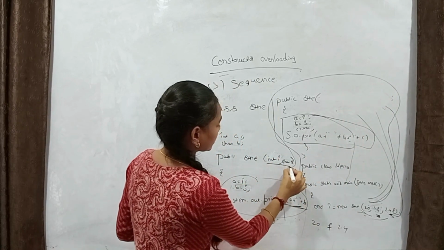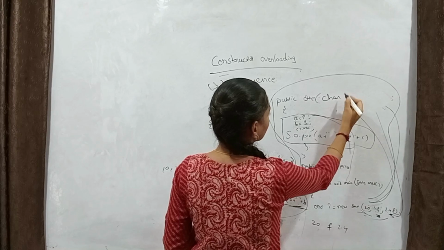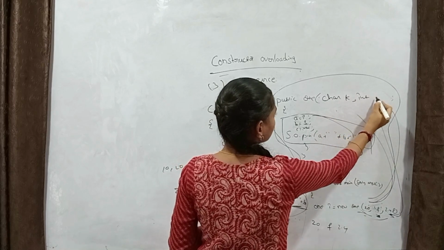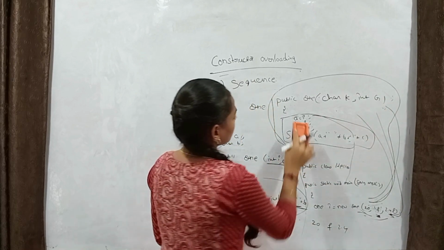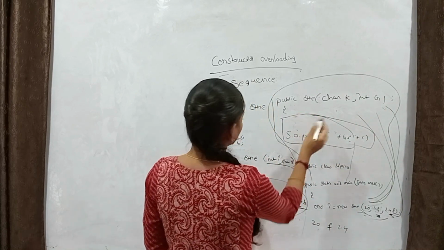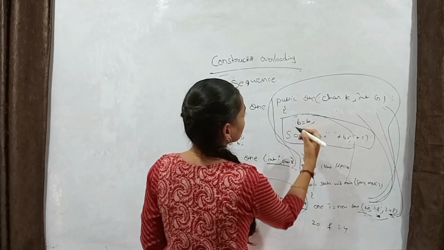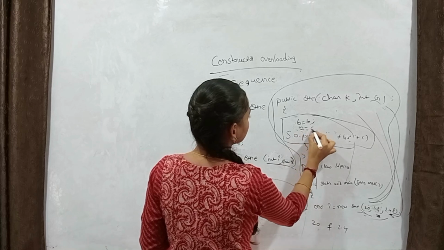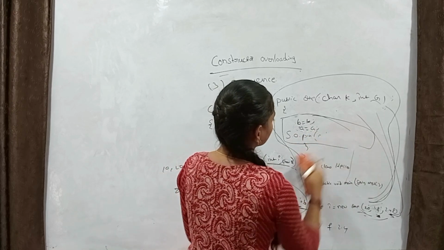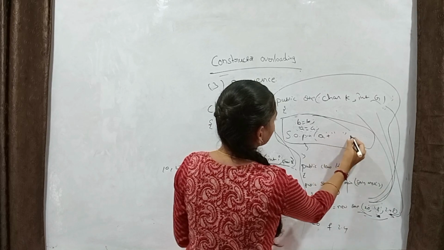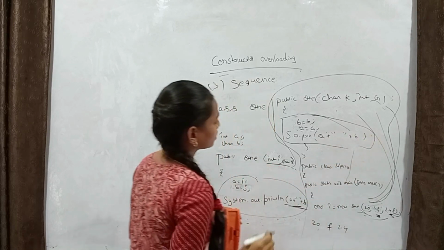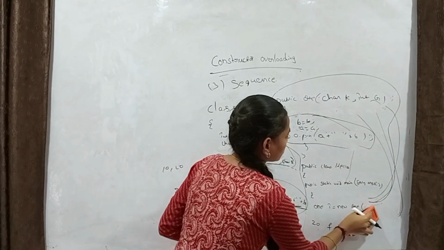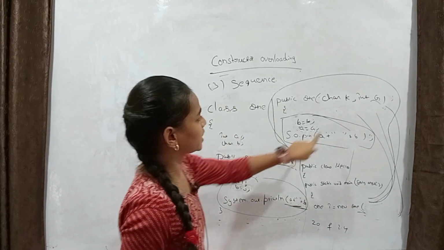Here I take int and char. Here I take char and int, some char k and int something. Okay. And here I print k and g. So here I just change the order of data types.